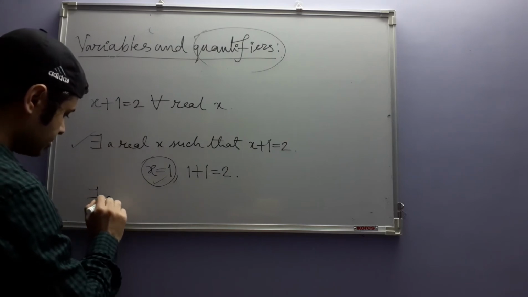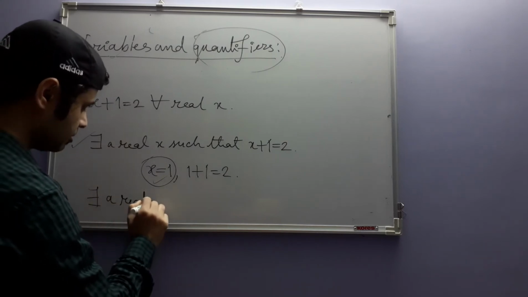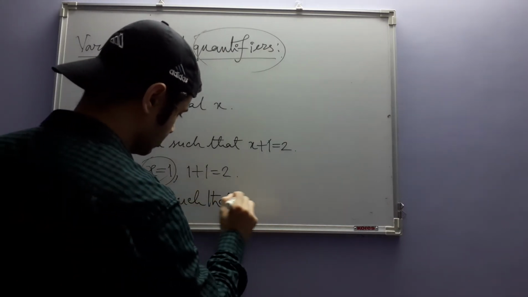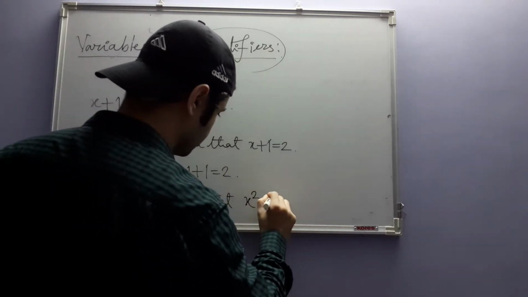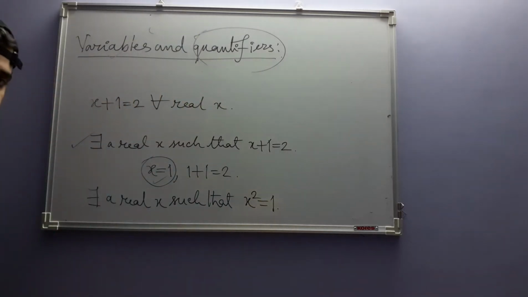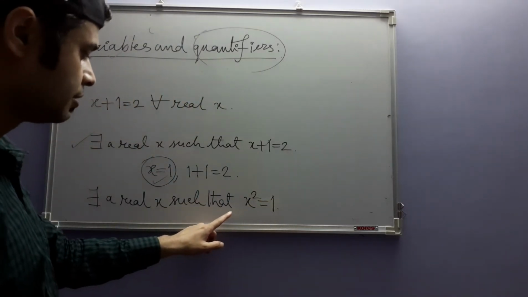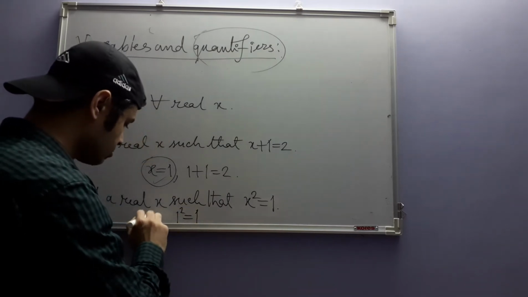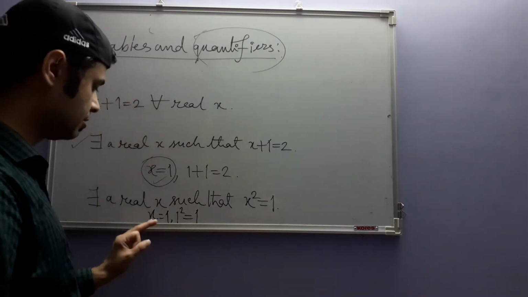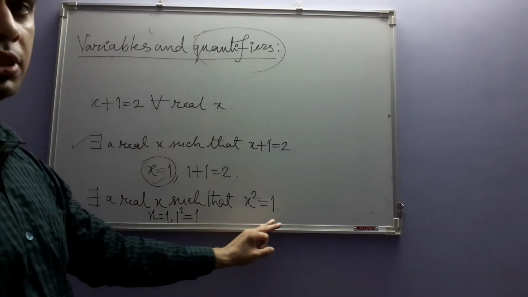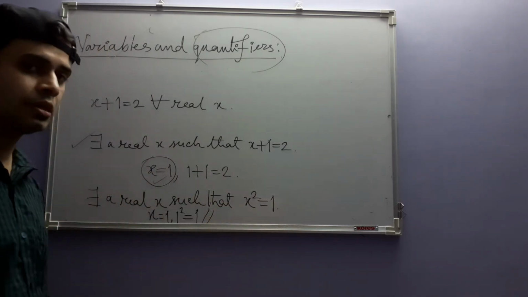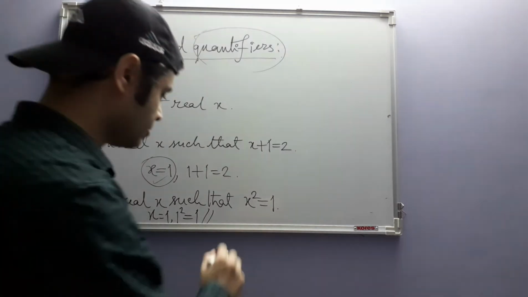look at this. There exists a real x such that x squared is equal to 1. Now in this case, 1 squared is equal to 1, so x equal to 1 is a real number for which its square is 1. My proof is complete. But there is one more value also.